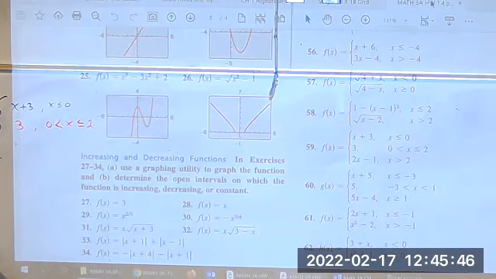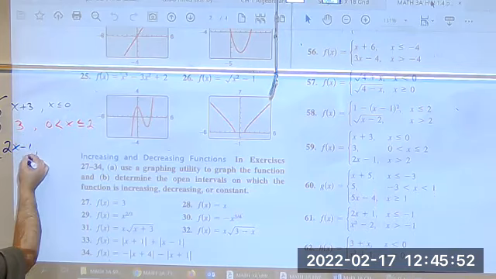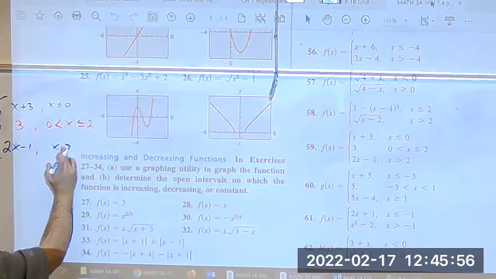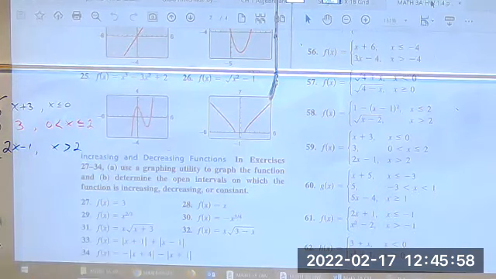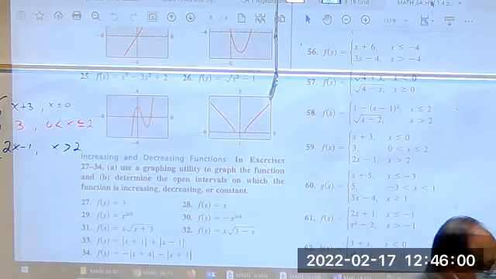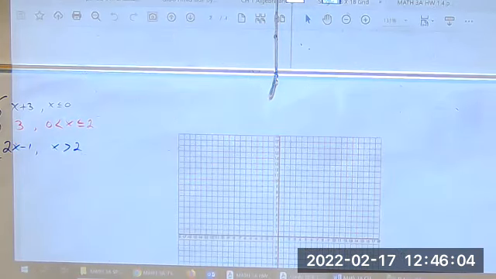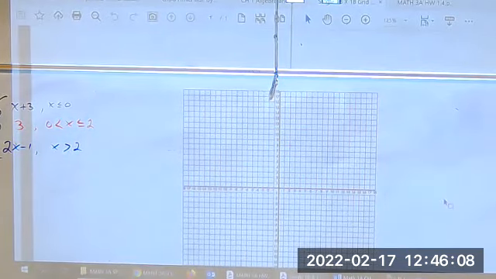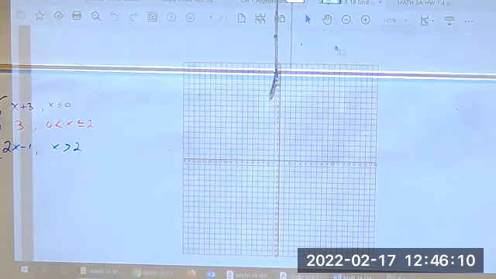And then for all the x's that are greater than positive 2, the third piece is 2x minus 1. For all the x's that are bigger than, to the right of, positive 2. Now, the good news about this problem is that those three pieces are all linear. They're all nice lines.